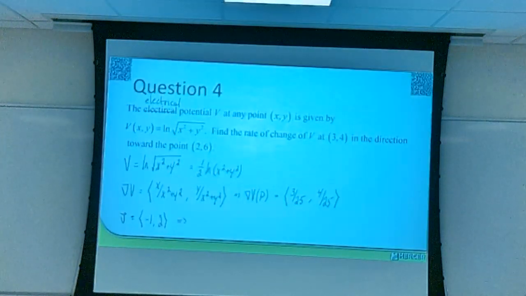So you've got to normalize it, right? What is its magnitude? There's the direction vector we're going to be using. And I guess root 5 just comes from the magnitude.